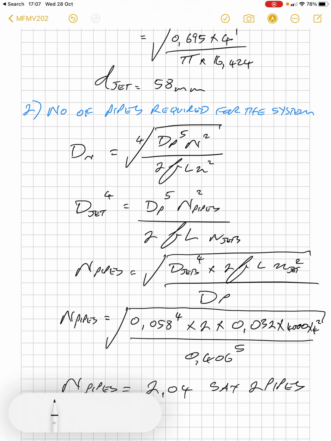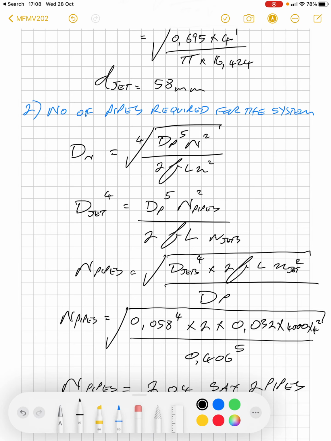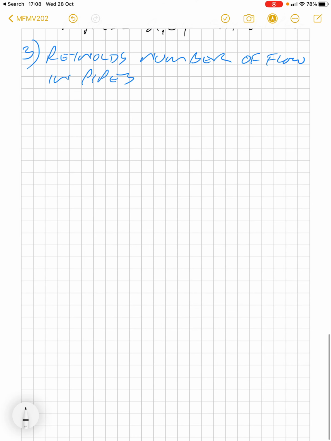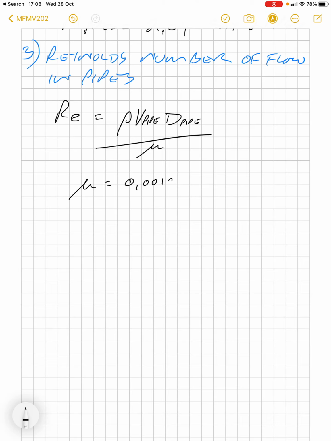Alright, now we have to work out the Reynolds number of flow in the pipes with water temperature equals 12 degrees C. Alright, mu is equal to 0.001236 kilograms per meter second.